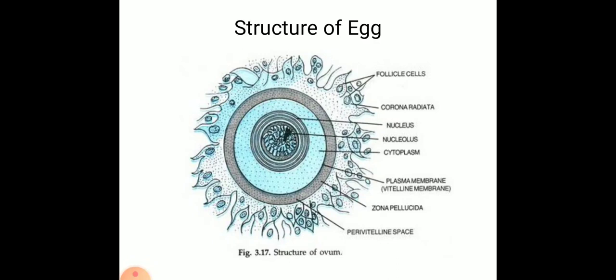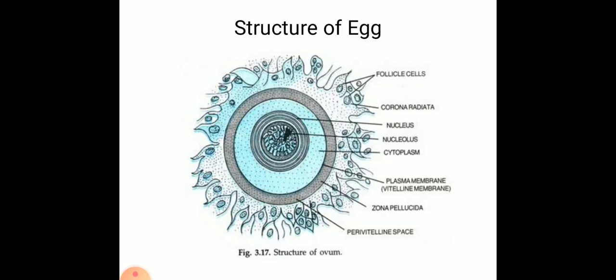The corona radiata is formed of what? Follicular cells. The follicular cells present around the ovum form the outermost layer, the egg membrane called the corona radiata. Then the zona pellucida corresponds to the vitelline membrane.